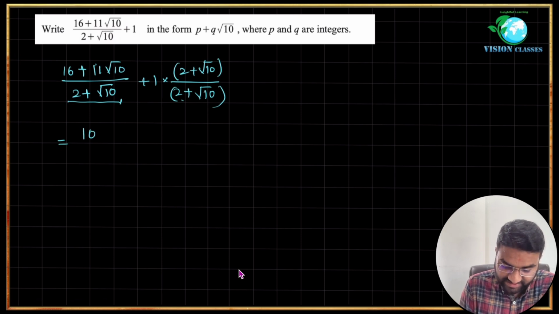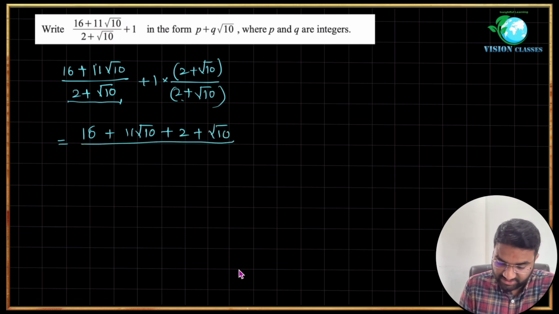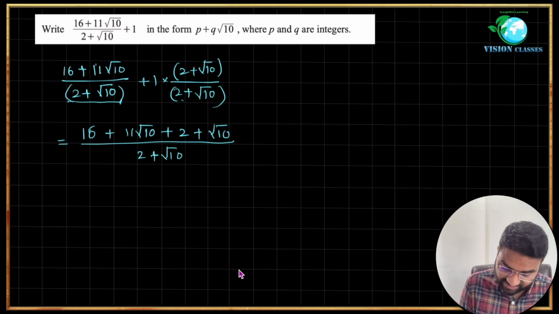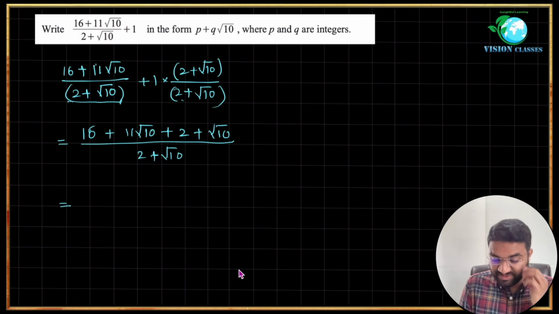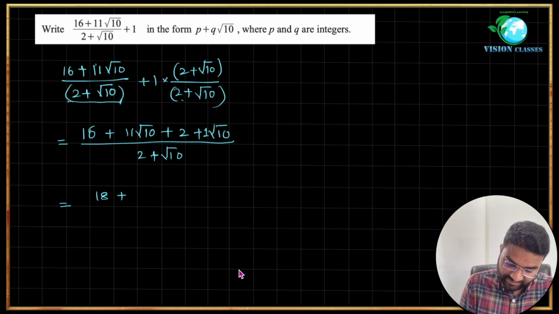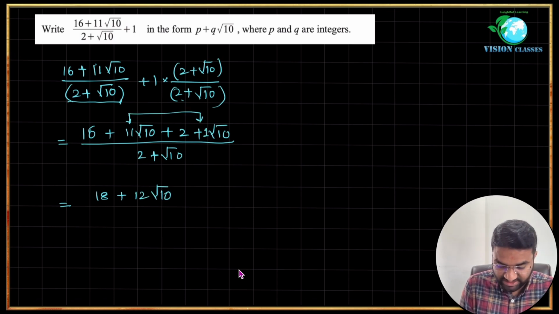So it's 16 plus 11 root of 10 plus 2 plus root of 10, divided by 2 plus root of 10. Now the simplified form will be 16 plus 2 is 18, plus 11 plus 1 is 12 root of 10, divided by 2 plus root of 10.